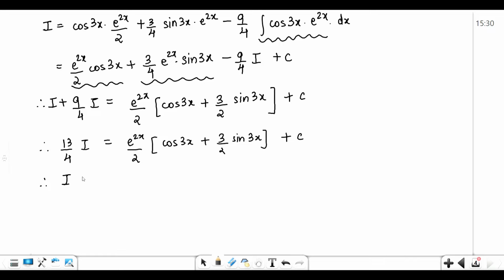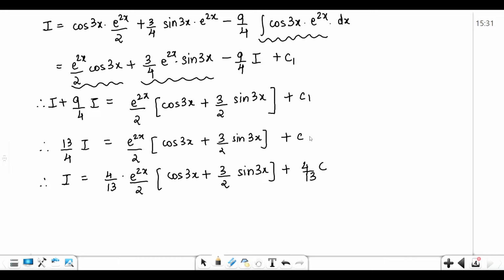So that will give you 4 by 13 times e raised to 2x by 2 times cos 3x plus 3 by 2 sine 3x, and this will also be multiplied by 4 by 13 c. Also to make this a little bit different, we can take c1, so that will be 4 by 13 c1.